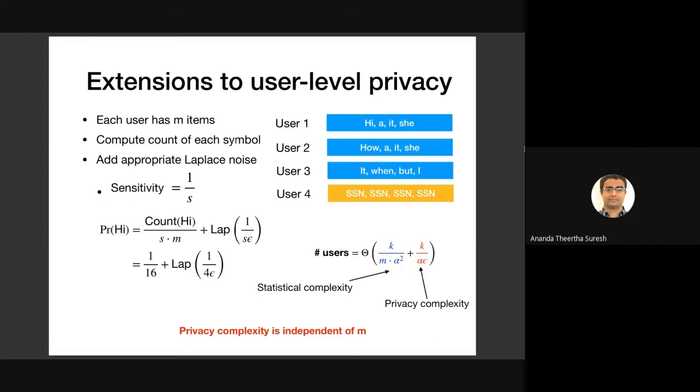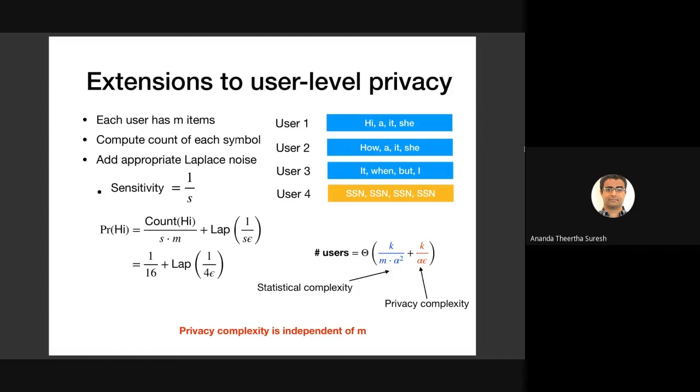However, somewhat surprisingly, the privacy complexity is independent of M, meaning irrespective of how many samples per user you have, you need a lot of users. And this was really the starting point of our work.